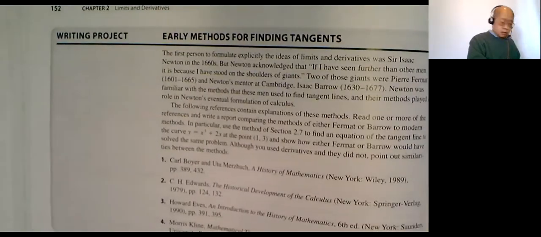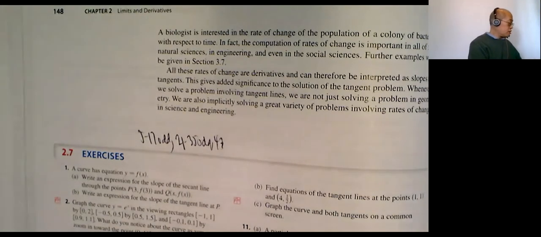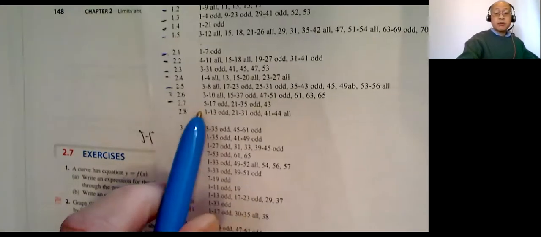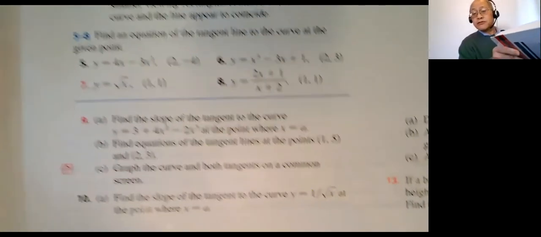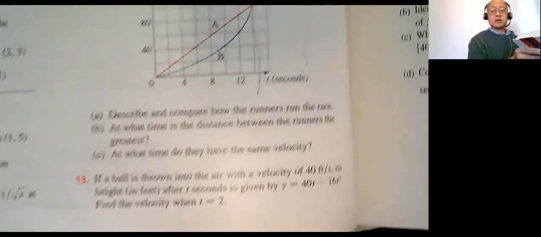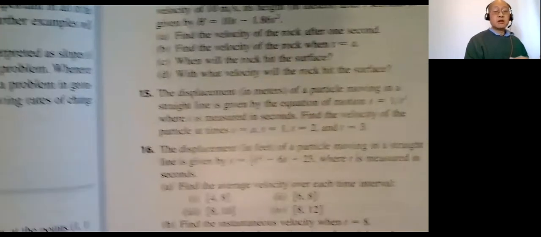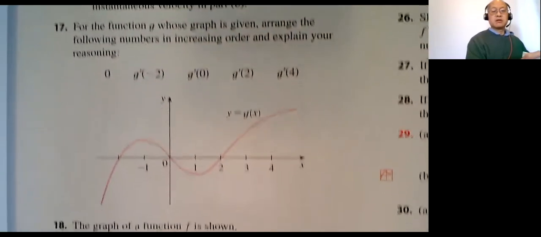Let me go over the homework pages for those of you that aren't planning to get the book. In 2.7, we had to go from 5 up to 43. Let me try to give you all of that now. Page 148: 5, 7, 9, 11, 13, 15, 17.